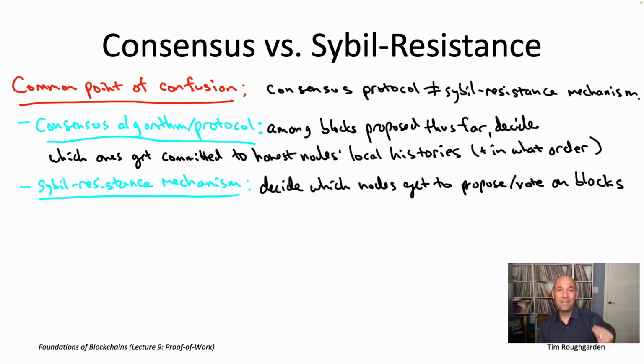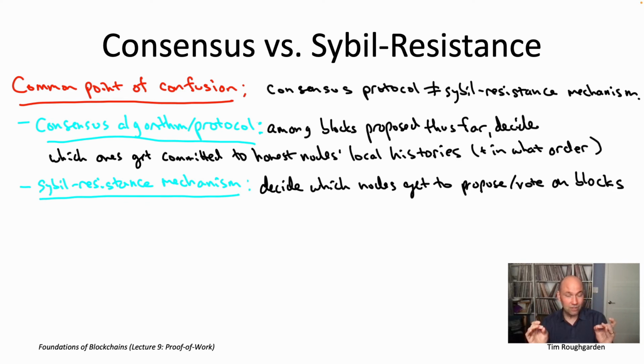Design decision number one being, who exactly is able to participate in various ways, like propose a block or vote on a block. And then decision number two is, given the blocks that have been proposed and given the votes that have been cast on blocks, which of the blocks should be considered finalized, should be considered committed to all of the honest nodes' local histories. In the permissioned setting, because the first of those problems was so simple, we really didn't talk about it, so we mushed it all together.